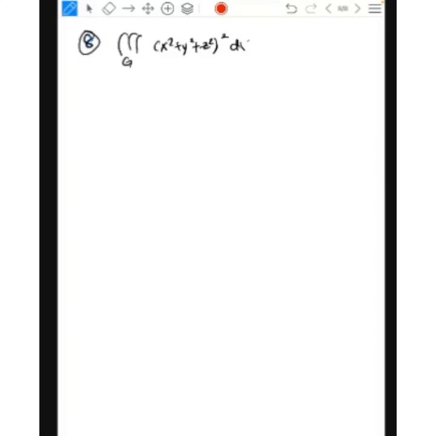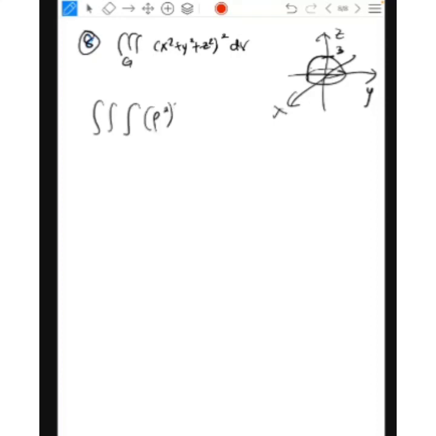Okay, now this hemisphere is on z equals 0, the upper half, where the radius is 3, because square root of 9 is 3. So x squared plus y squared plus z squared is rho squared. The dV is rho squared sin phi for spherical coordinates, then d rho d phi d theta.